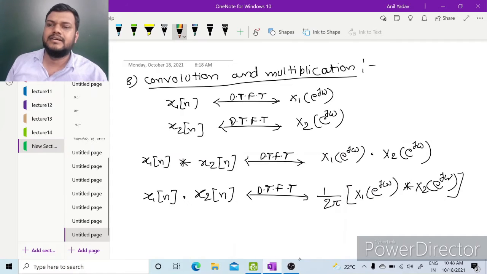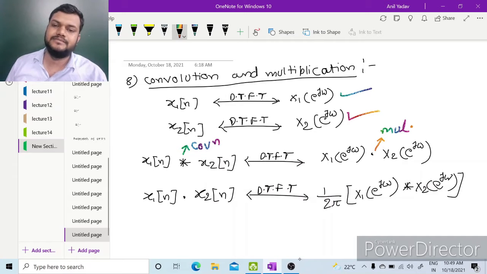Next is convolution and multiplication. So if x1[n] has DTFT X1(e^jω) and x2[n] has DTFT X2(e^jω), then x1[n] convolution with x2[n] will have DTFT X1(e^jω) multiplied with X2(e^jω), and x1[n] multiplied with x2[n] will have DTFT X1(e^jω) convolution with X2(e^jω).